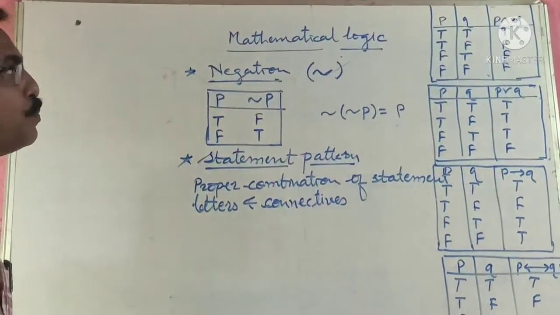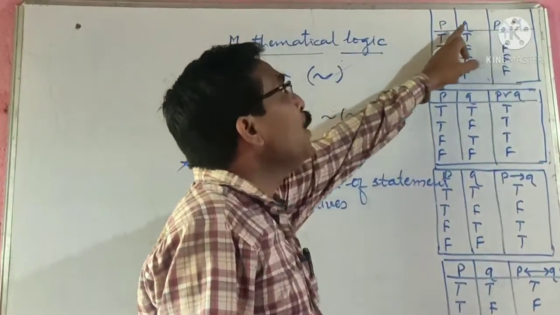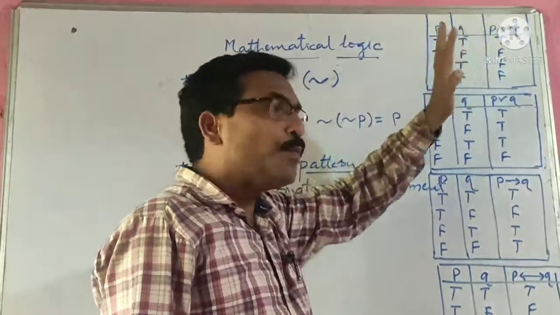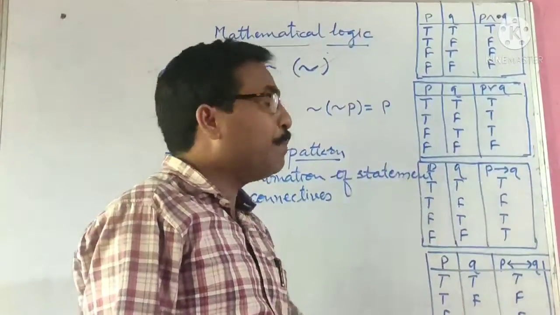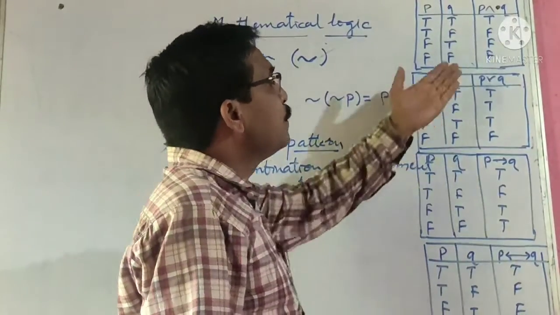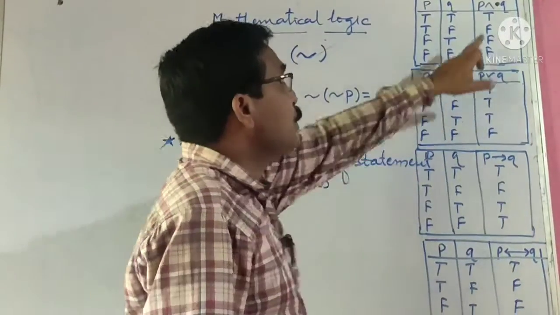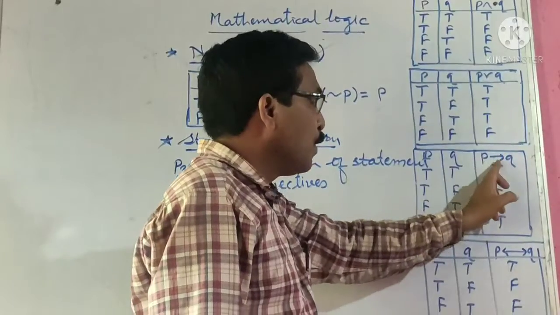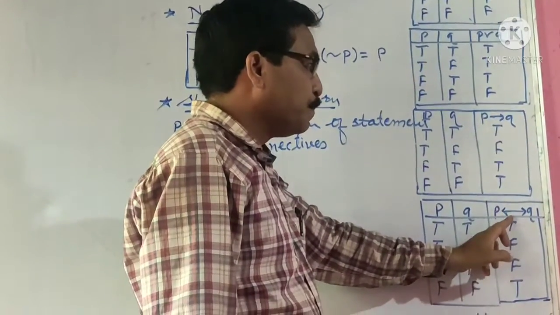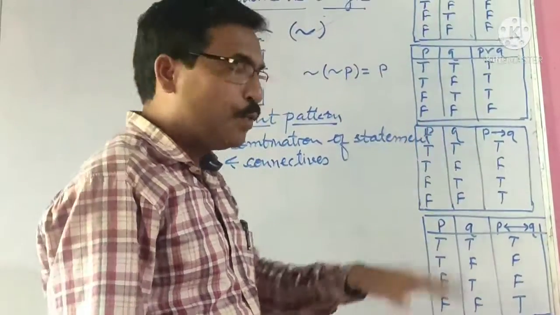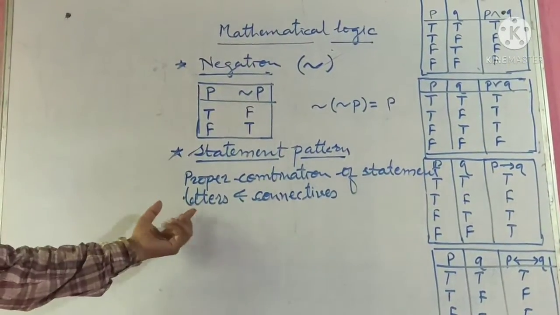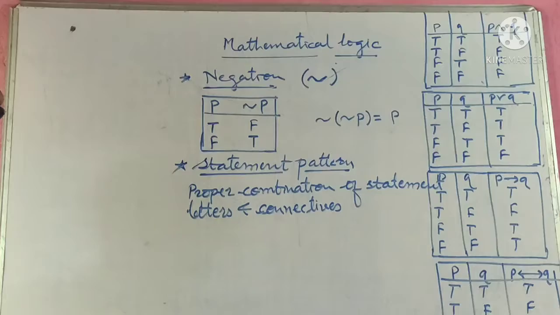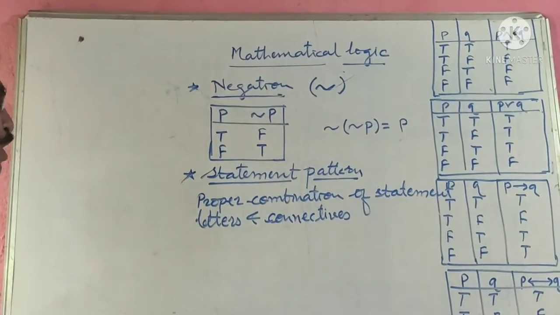Now statement letters means what? This P, Q, R also may be there. P, Q and R are the statement letters, and connectives means this: and, or, implies, double implication. These are the connectives. So proper combination of statement letters and connectives is called the statement pattern.